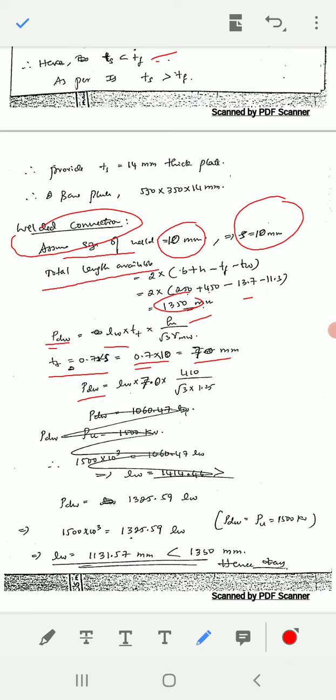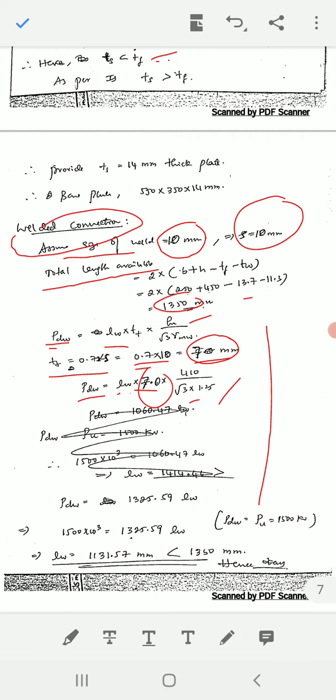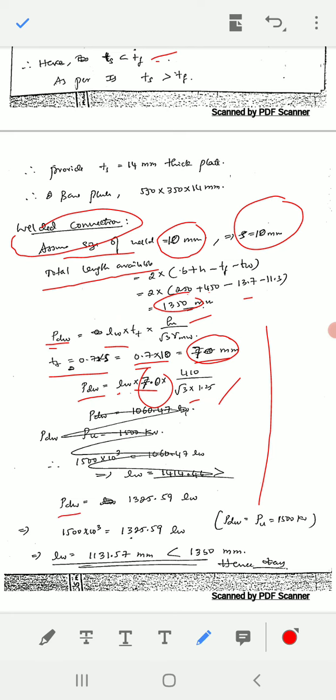Then for Pdw: Lw is unknown, 7 is the tt value, then 410 by root 3, gamma mw is 1.25. Whatever Pdw value we get here, after simplification you'll get 1325.59 Lw.